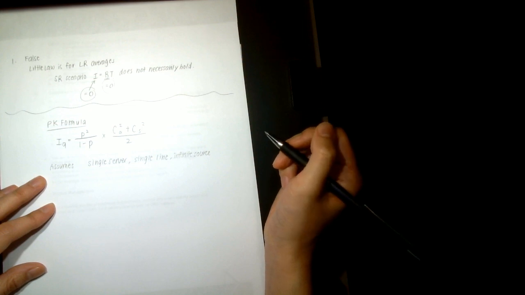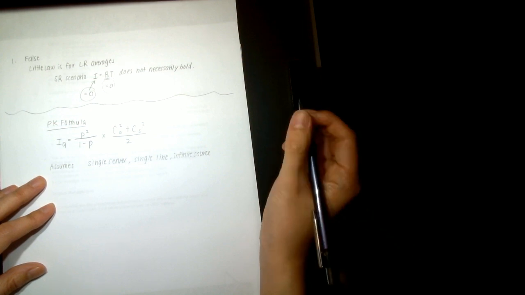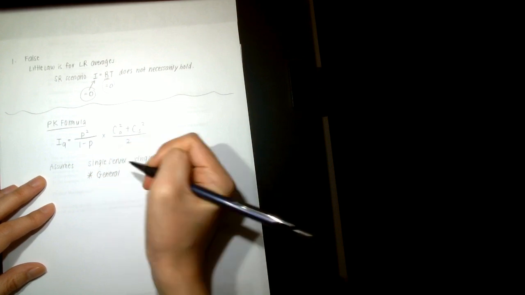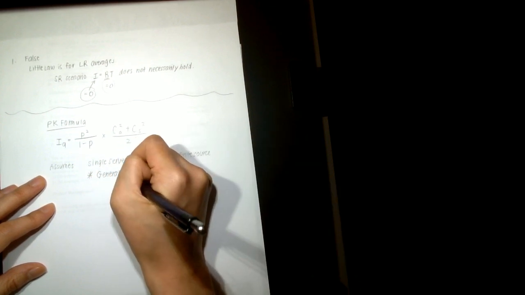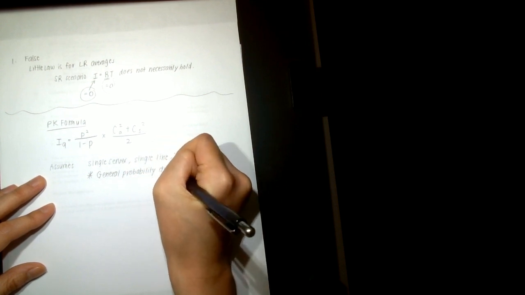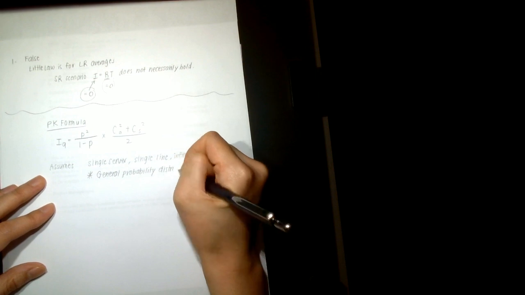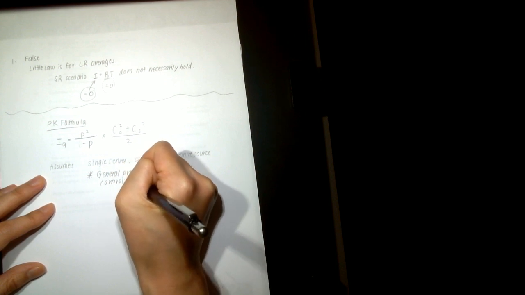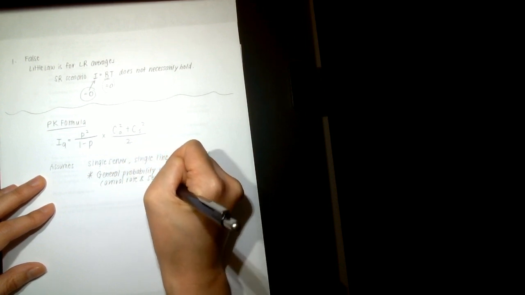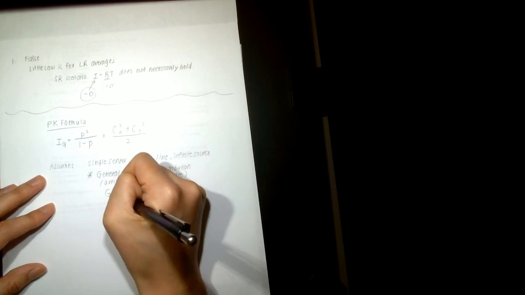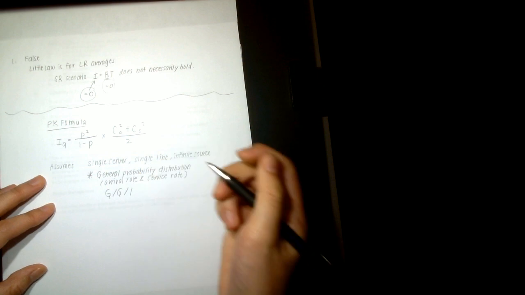And the key here is that the arrival rate and the service rate follow a general probability distribution. And he calls it the GG1 formula.